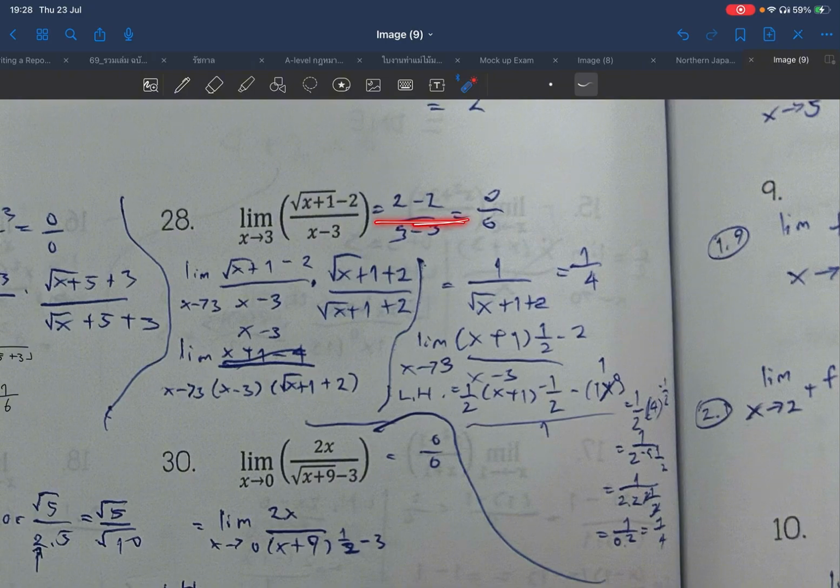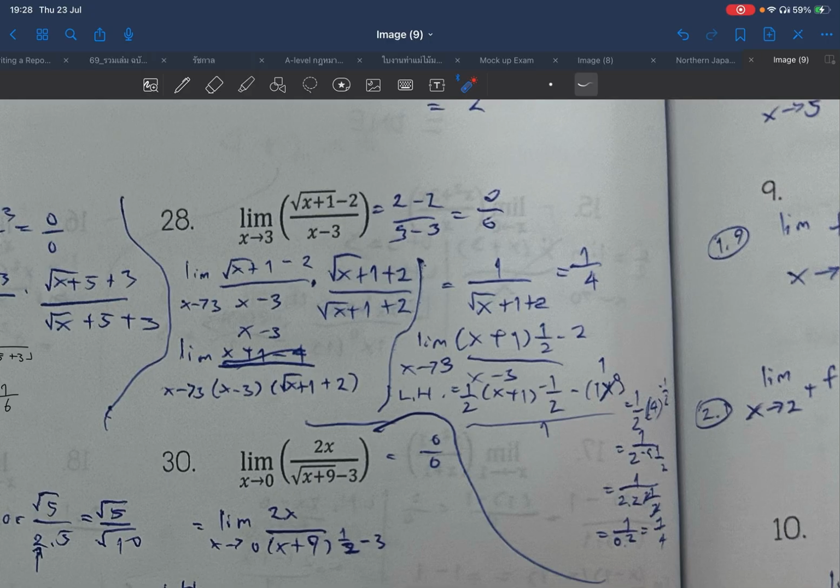Usual, 2 plus 2 minus 2, and 3 minus 3 will get 0 out of 0 as substitution. So we multiply top and bottom by the conjugate, like root x plus 1 plus 2.